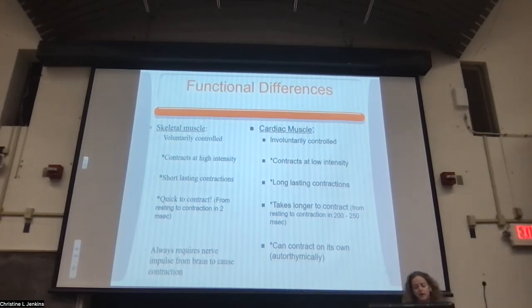Look at this bottom one. Skeletal muscle from the time of nerve impulse getting to the muscle to mechanical contraction is quick. 2 milliseconds. You don't have to know that, but just know it's quick. Cardiac muscle takes a little bit longer.